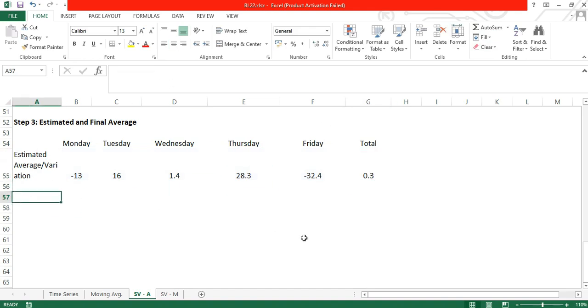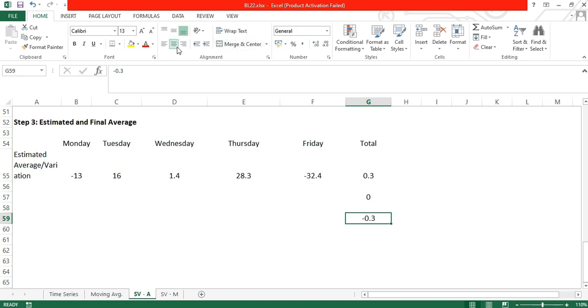Now we have to see how to bring the total to 0. Okay, that is the step we need to do to get our final average. In doing this to 0, the difference is 0.3, isn't it? Now if the total should reduce to 0, it should be minus 0.3, no?